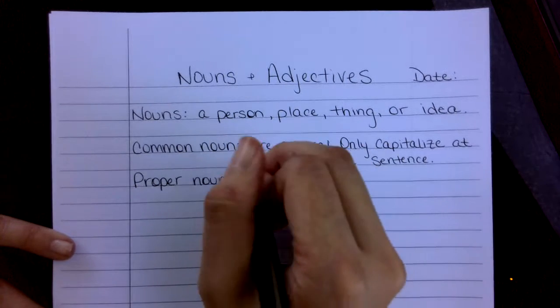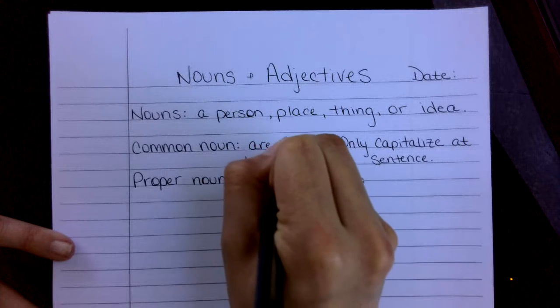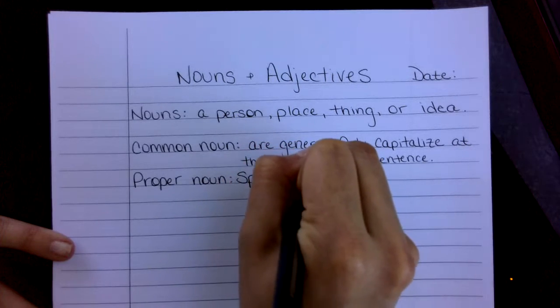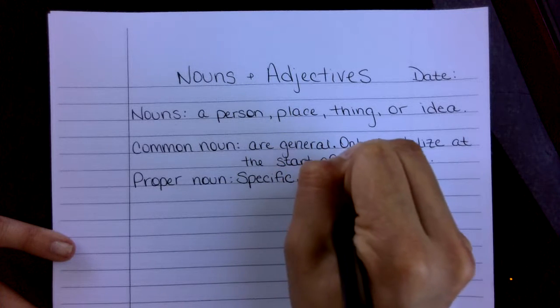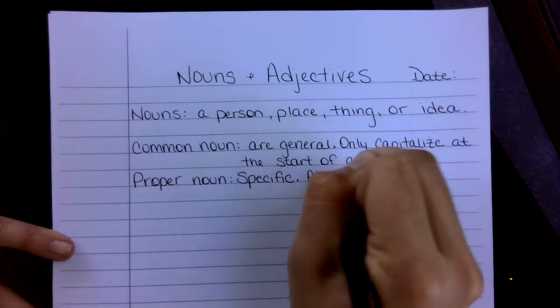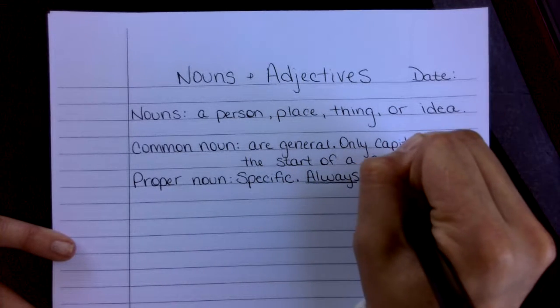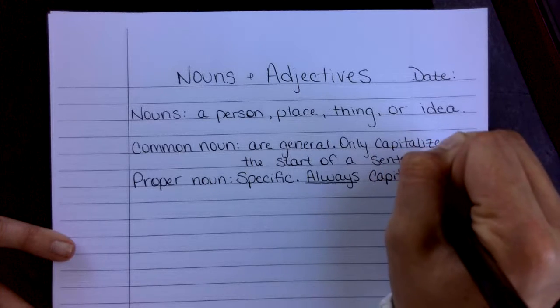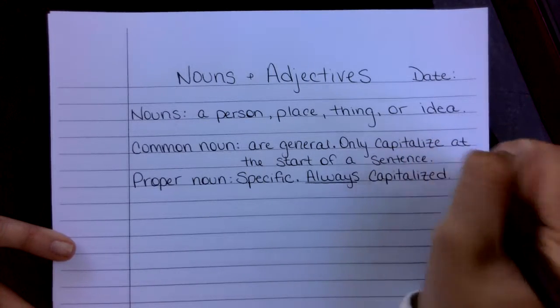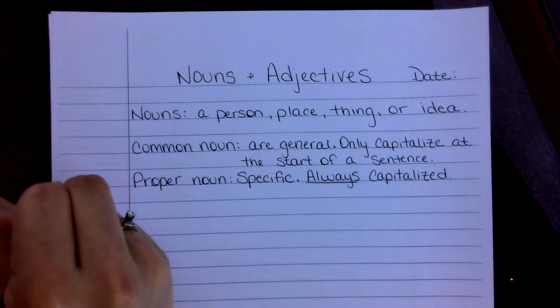So proper nouns are specific. And they are always, I'm going to underline always because that's important, they're always capitalized, whether they're at the beginning of the sentence or not. All right, let's do some examples.